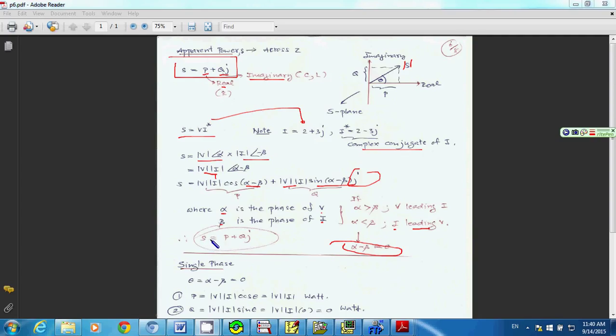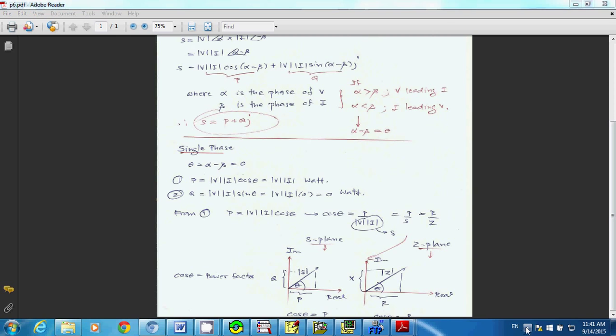And also keep in mind S equal to P plus QJ. Okay, so that's how we define apparent power, simply equal to P plus QJ, the real part and imaginary part. And you can take a look at the S plane here to get a better picture.